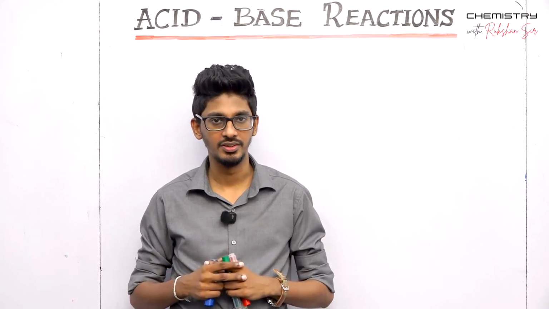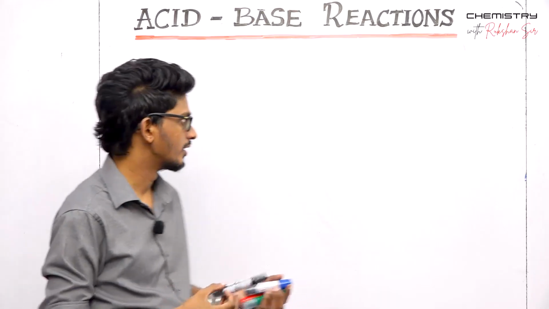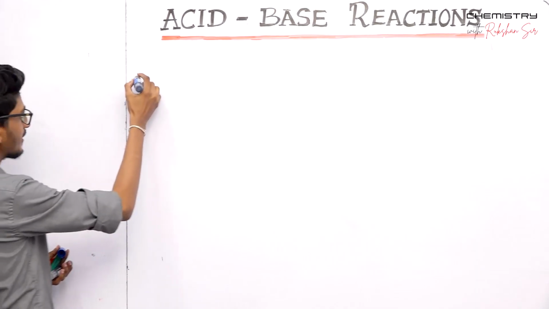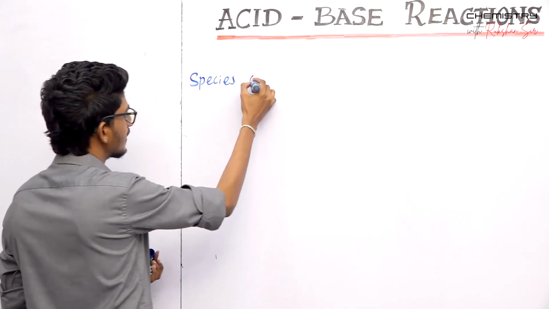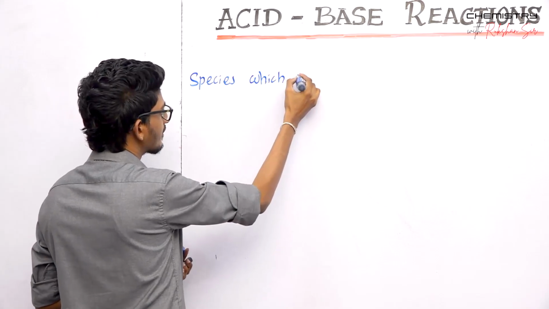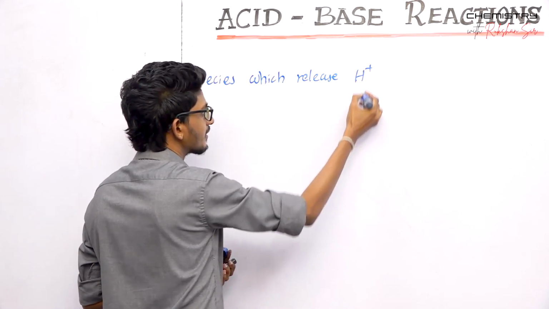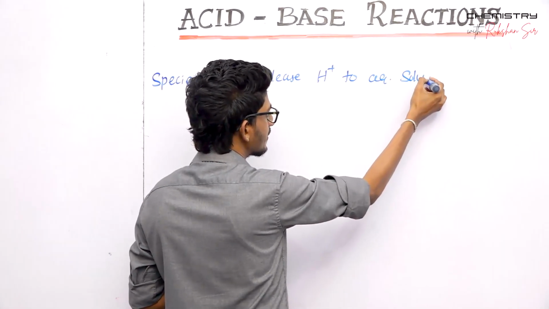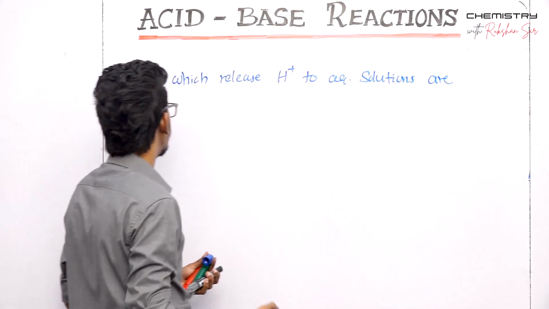With acids and bases. What are acids and what are bases? In small ages we have learned that chemical species which release H pluses to aqueous solutions are referred to as acids.